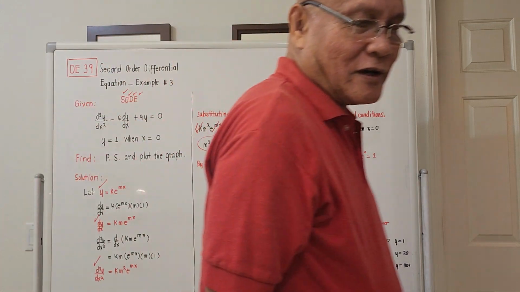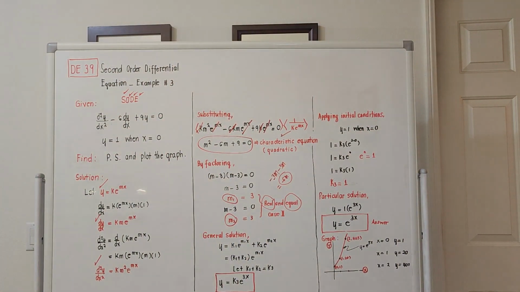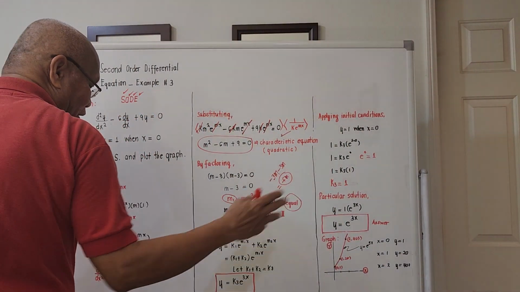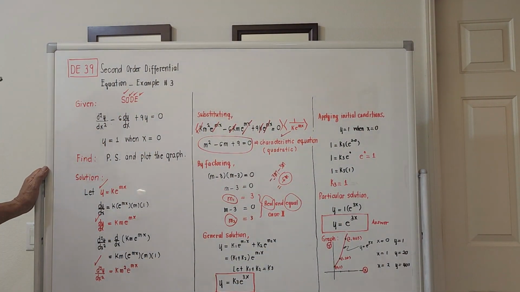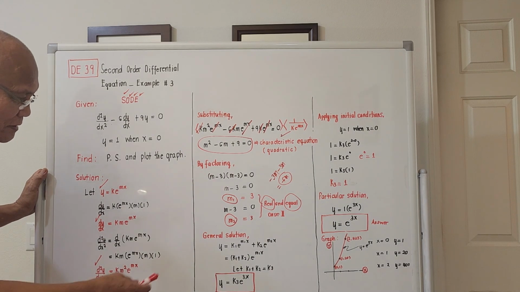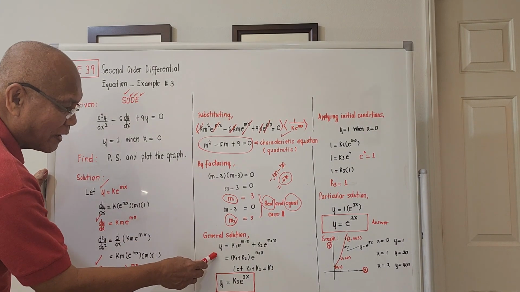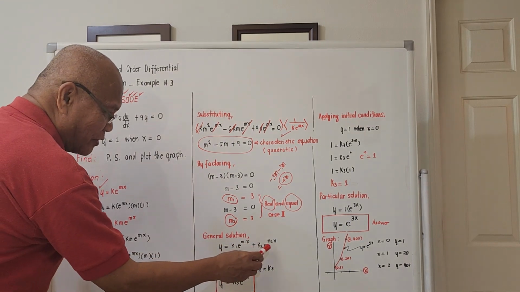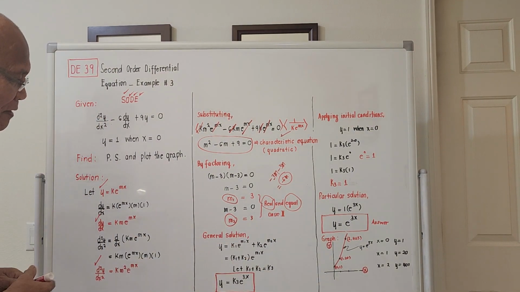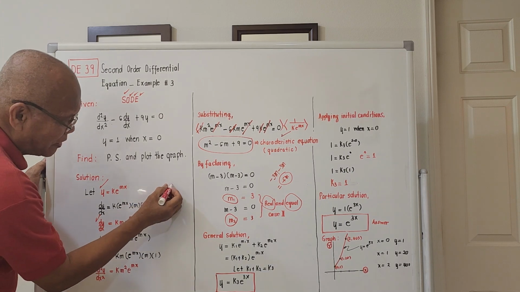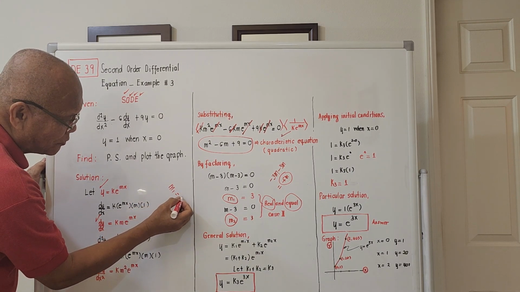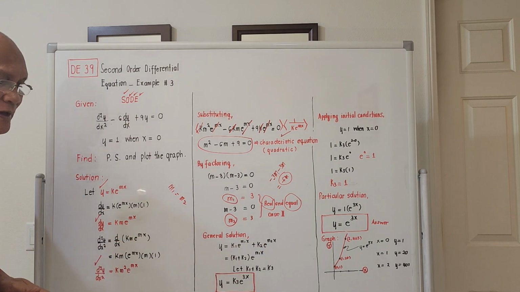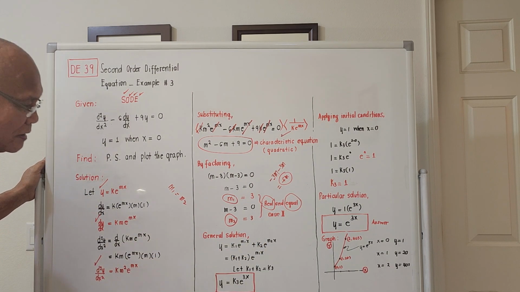I will check my camera. Okay, still fine. So if we now try to bring out the general solution under case number 2, this should be y equal to q1 e raised to m1x plus q2 e raised to m2x. But since m1 is equal to m2, we could simplify the resulting general solution.